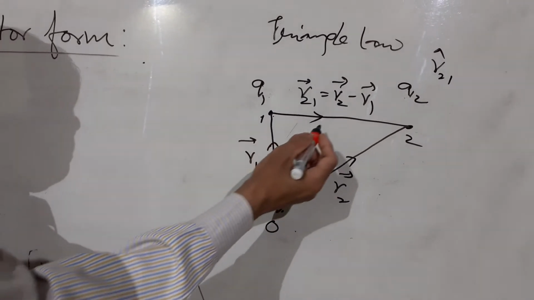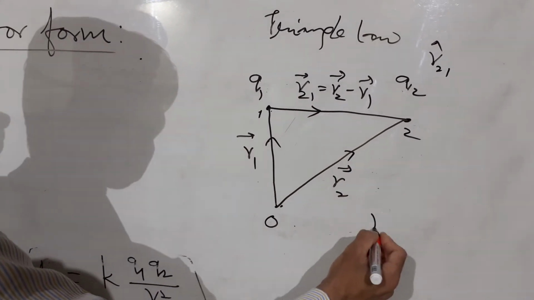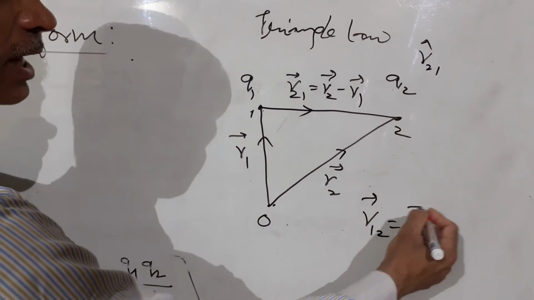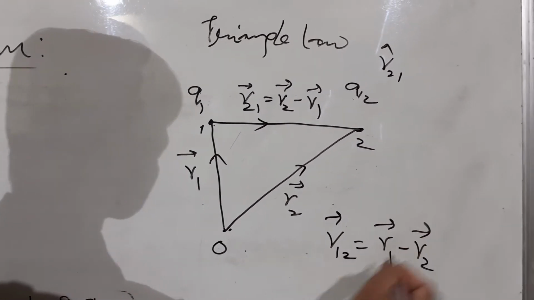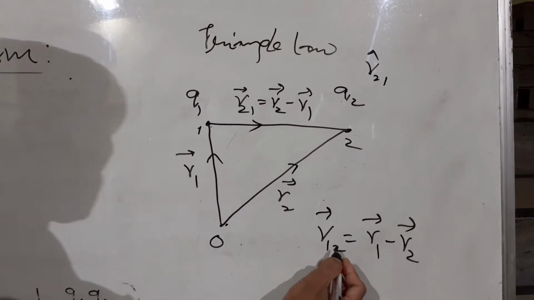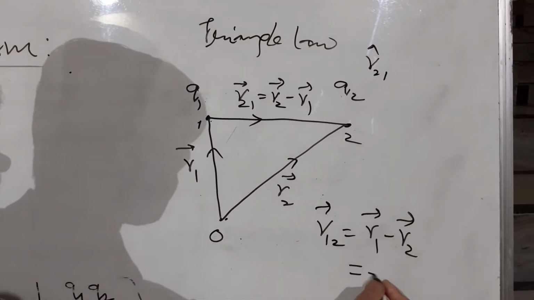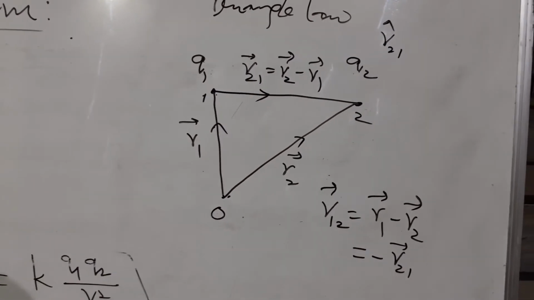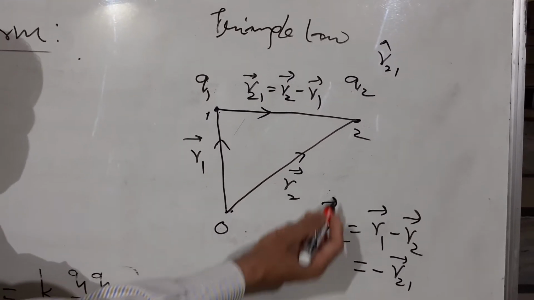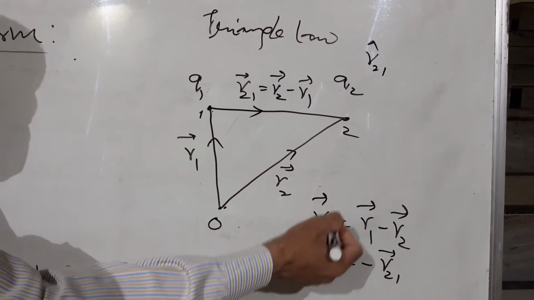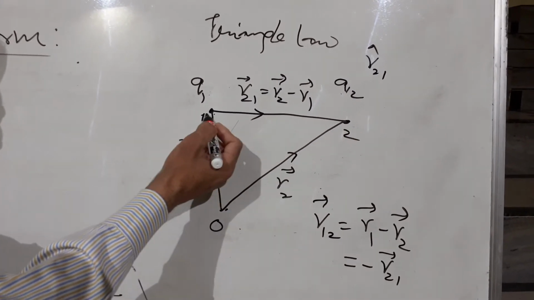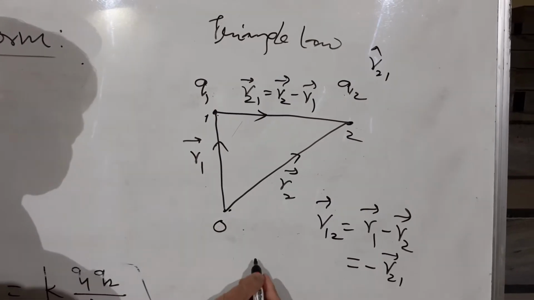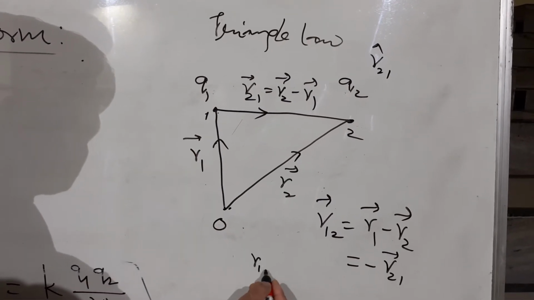Now, if we take vector r12, it will be vector r1 minus vector r2, which is the negative of vector r21. So this vector r12 is the vector from charge 2 to charge 1, that is in this direction. So the unit vector in this direction will be r12 cap.